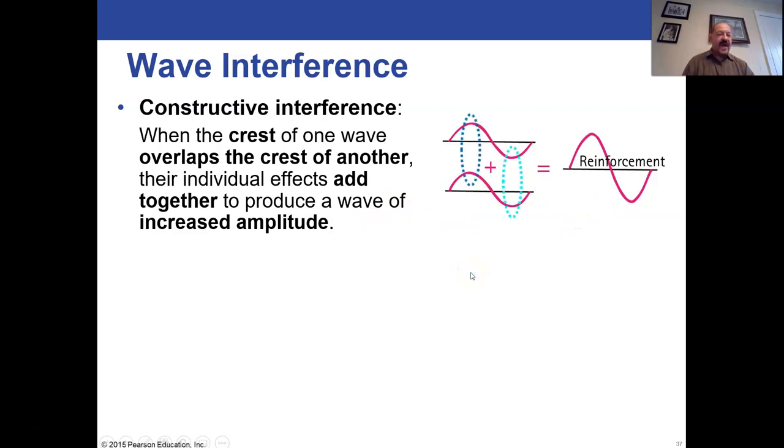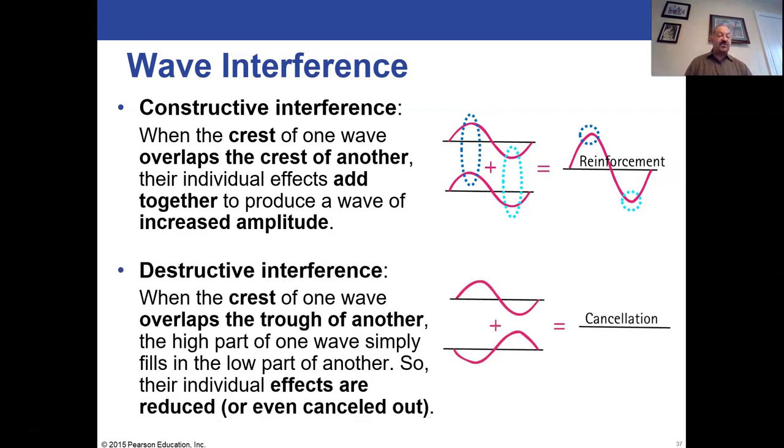So if you were to add the two crests in dark blue and the two troughs in light blue, you'll end up with this new waveform that combines the two. And this is a situation where we call the waves in phase with each other. They're lined up exactly with each other, and they'll reinforce each other, and you get constructive interference. In other words, the two come together to make something greater than what they were by themselves.